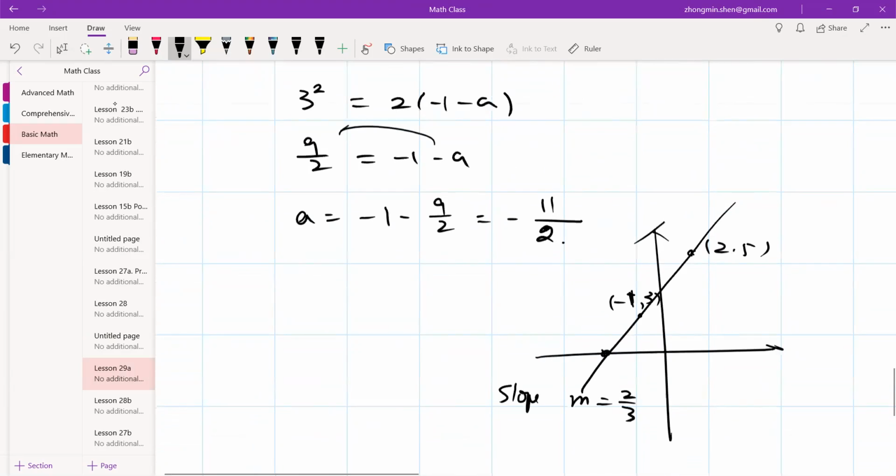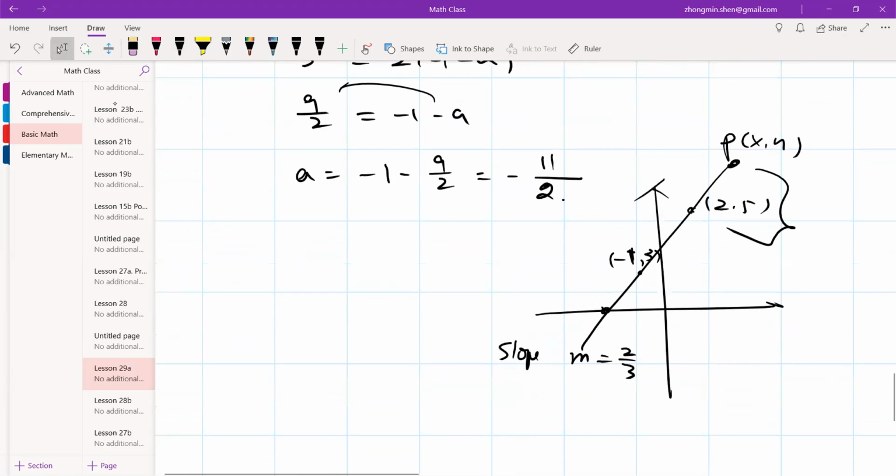So what happens if this is an arbitrary point with coordinates x and y, right? x and y cannot be arbitrary; they're related. Why? Because when you use this pair of points to calculate the slope, y minus 5 over x minus 2, the difference in the y variable over the difference in the x variable, it's going to be 2 over 3.